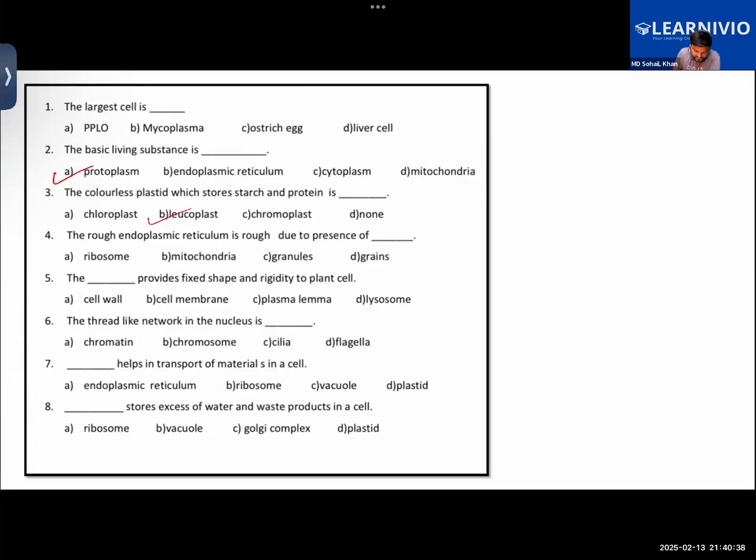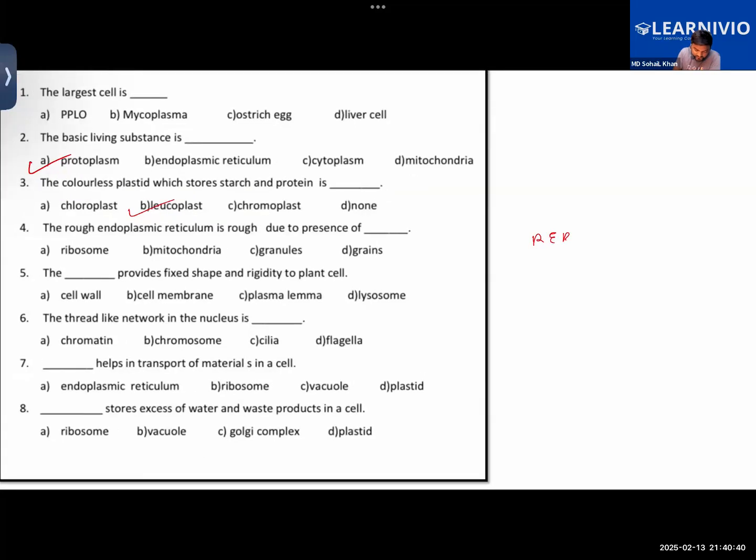The rough endoplasmic reticulum, why is it rough? Ribosome. Because of the presence of ribosome. Good. The dash provides fixed shape and rigidity to plant cell. It has a fixed shape. The cell wall. Exactly.